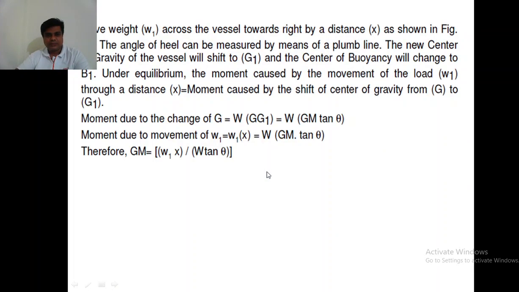Here you can see the center of gravity is now G1 and the center of buoyancy is B1. We take the equilibrium condition where the moment caused by the load W1, which moves through a distance x, will be equal to the moment caused by the shift of the center of gravity from G to G1.